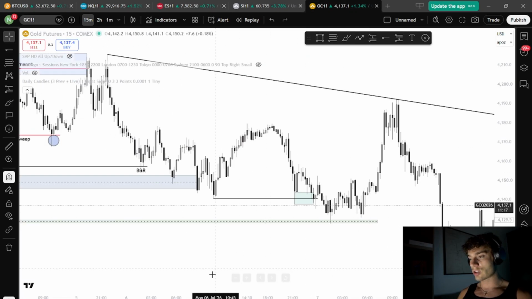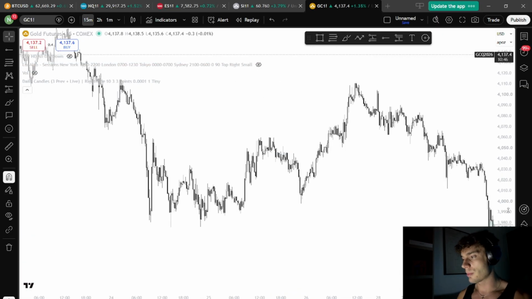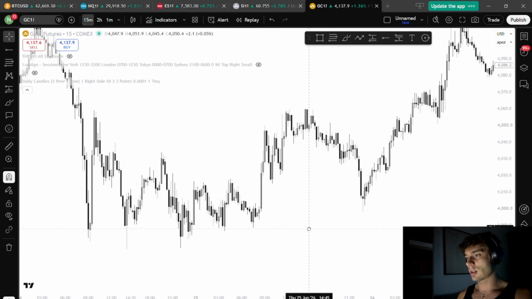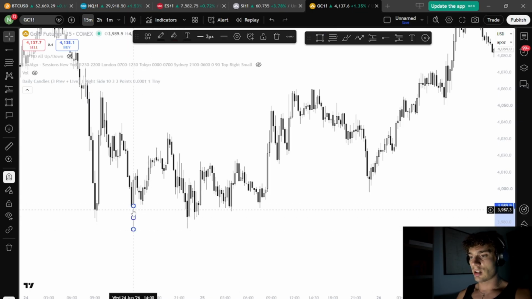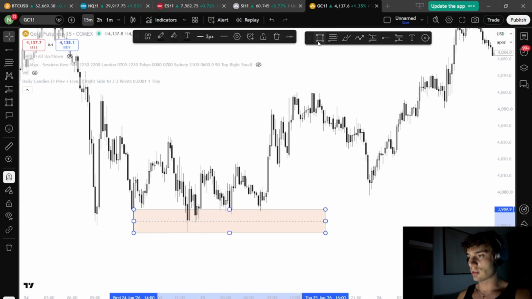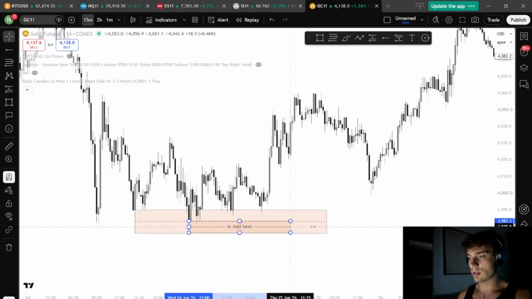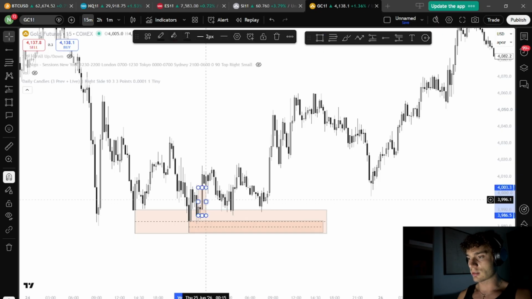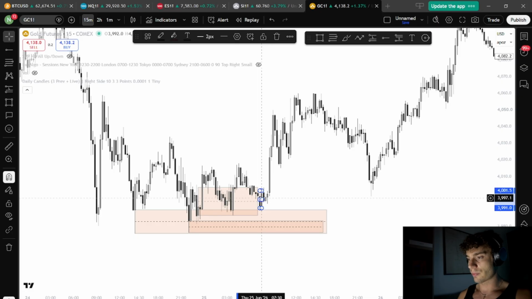I'm going to show you one example on gold that I remember. Oh yeah, here. This is actually where I had a loss last week. Look at all this area. We are respecting this, then we are respecting this, then this demand zone, then this demand zone.